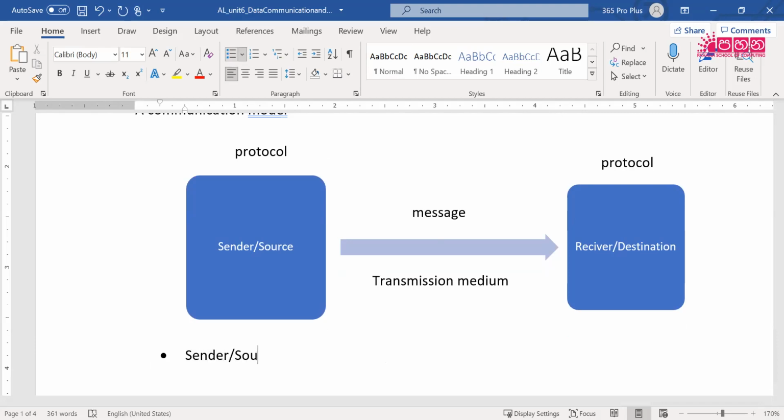Sender, source: we can say data generation and preparation.